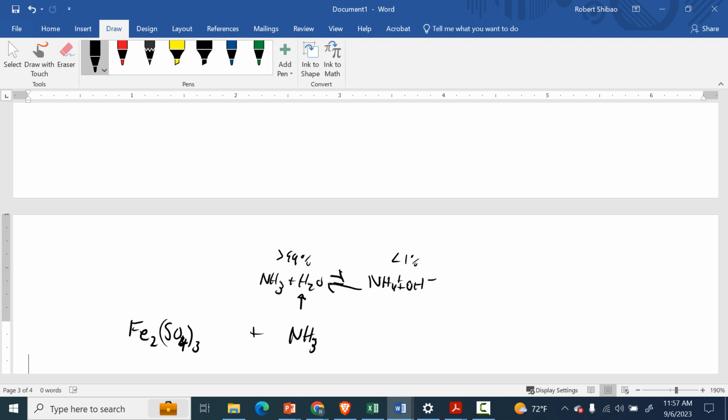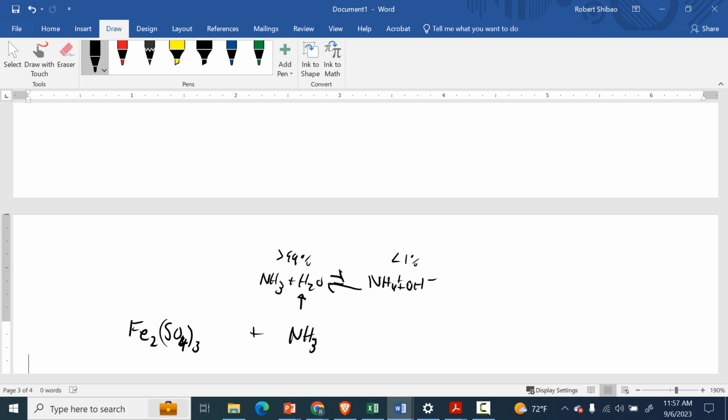Ammonium ions aren't very reactive in metathesis reactions. Why? In fact, when I think about metathesis ammonium, I think unreactive, pretty much. And that's because ammonium salts are all soluble, so we're not going to form any precipitate.